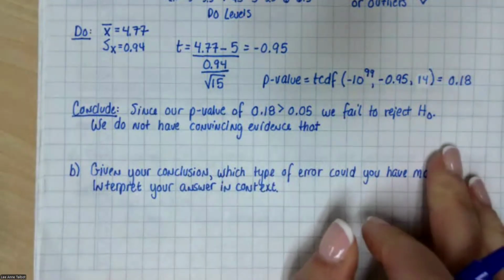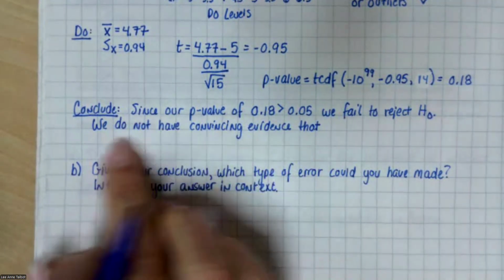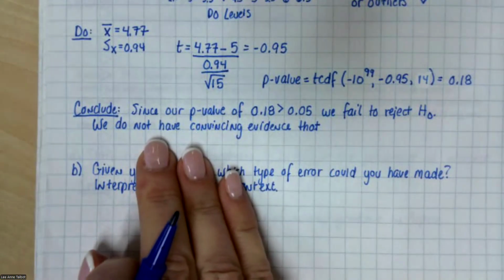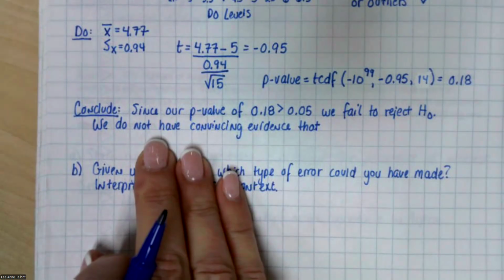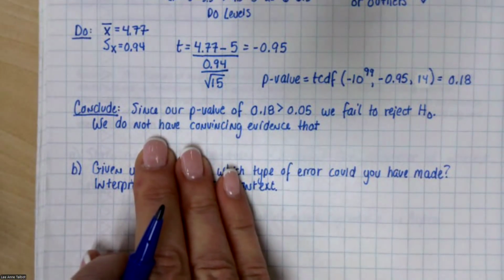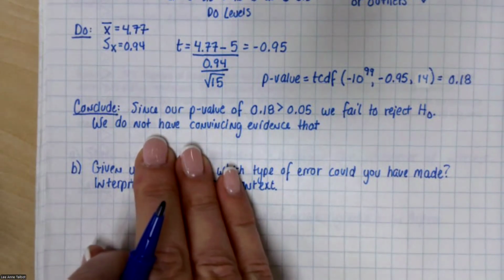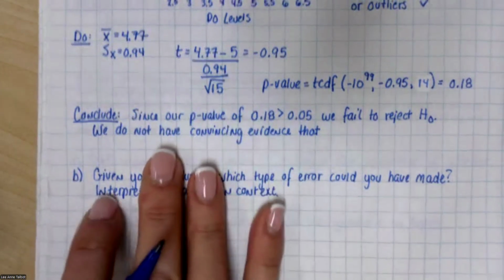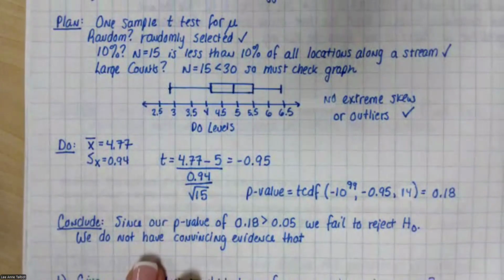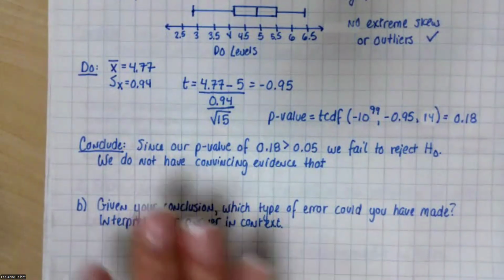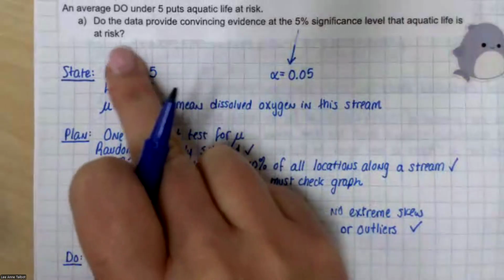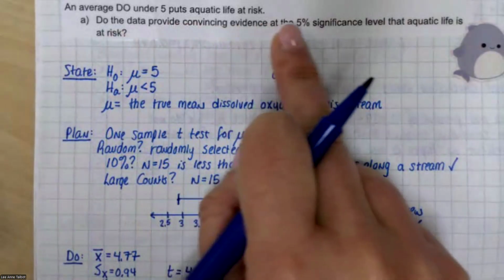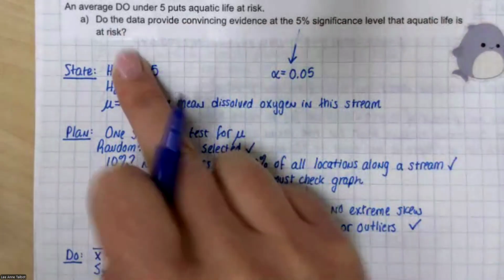Okay. So fail to reject means you do not have convincing evidence. You have two options. You can go back up to the Ha and write it in words, or you can go back up to the question and see if you should just answer the question. And so I'm going to check that first because a lot of times that's less writing. Like, just honestly, okay, do the data provide convincing evidence that aquatic life is at risk?